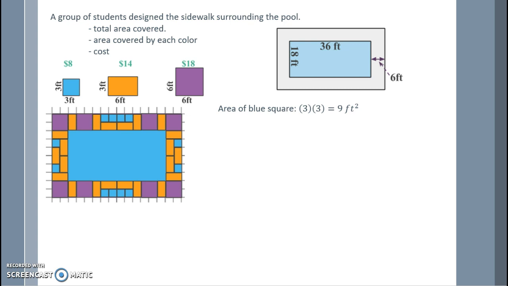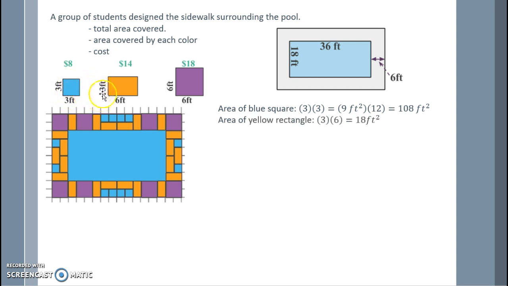So the area of the blue square is 3 by 3, so 9 feet. We have 12 of those blue ones by counting: 1, 2, 3, 4, so here would be 8, 9, 10, 11, 12. So the area of 1 times how many we have, so 108 feet squared of blue.